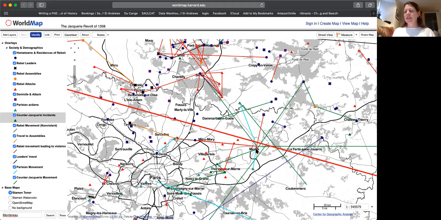And this gives us an indication of the rebels' motives. The Jacquerie partly came about because of short-term political considerations, this factional conflict and the misgovernance of France. But that political disarray had laid bare underlying social tensions between non-nobles and nobles in the countryside.